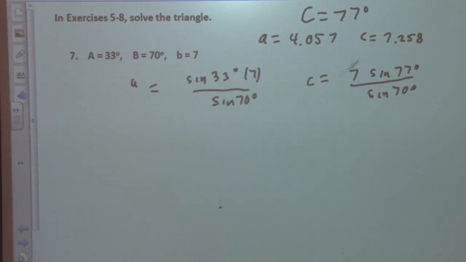And so that's how she got those, and these would be our correct answers. All right? Okay, questions on number 7? And I do want to skip number 8 just because of time situations.